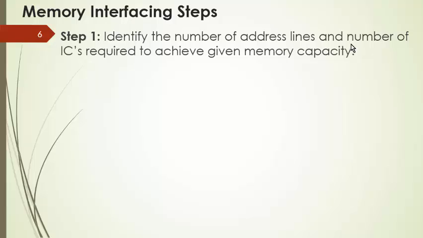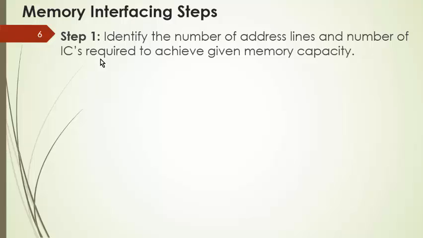During memory interfacing, the following steps need to be considered. Step 1: you have to identify the number of address lines and the number of chips or ICs required to achieve the given memory capacity.